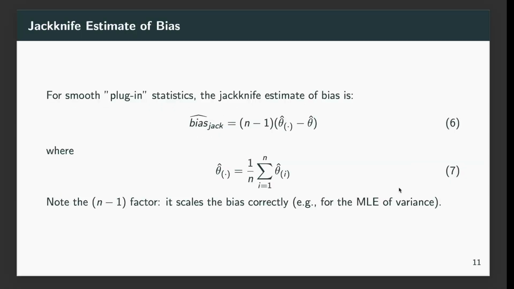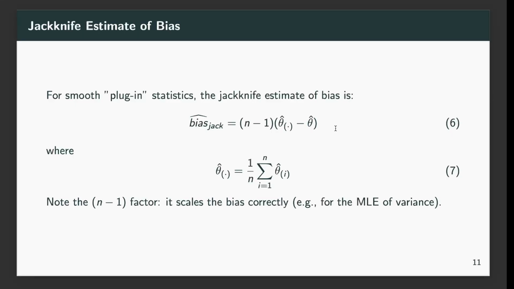Okay, so for the Jackknife estimate of bias, for smooth plug-in statistics, the Jackknife estimate of the bias is given by n-1 times theta hat dot minus theta hat. This theta hat dot is the average of all the leave-one-out replicates, and the bias estimate is n-1 times the difference between this average and the original estimate theta hat from the real data.